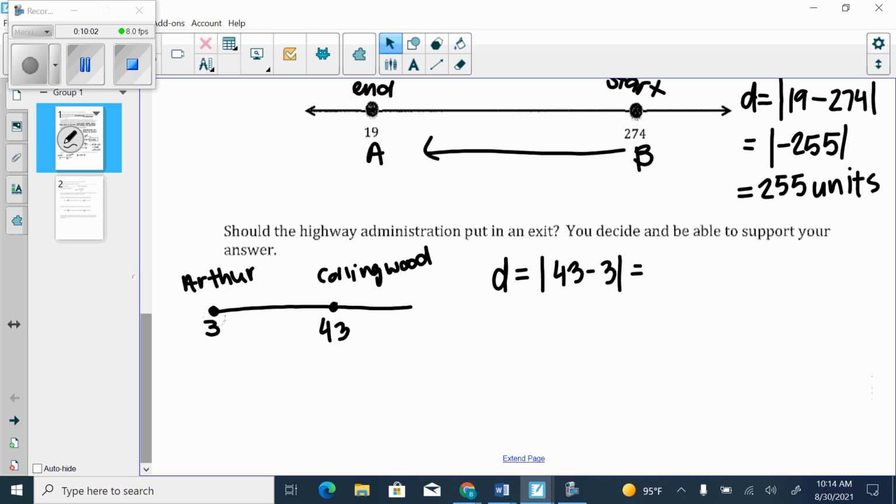So my distance? 40. And since the absolute value of 40 is already positive, it just stays 40, right? So 40 miles between the two. So, yes, you guys are right. Yes, the exit should be built.